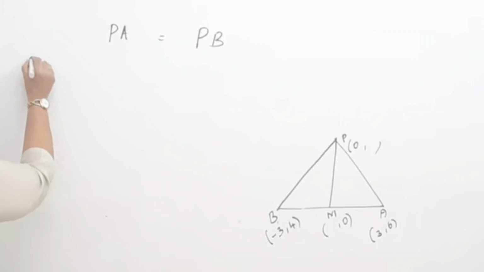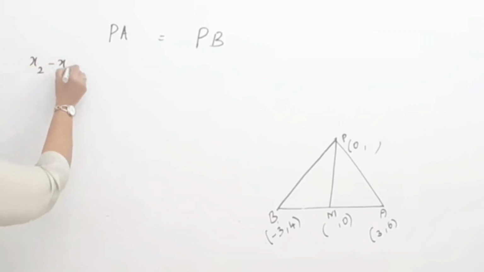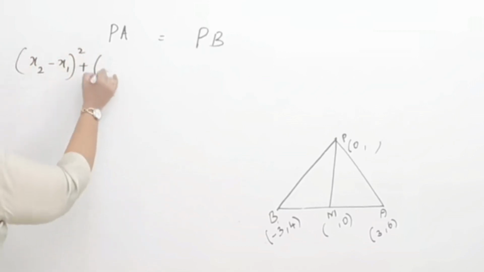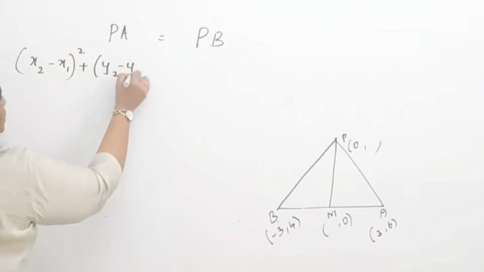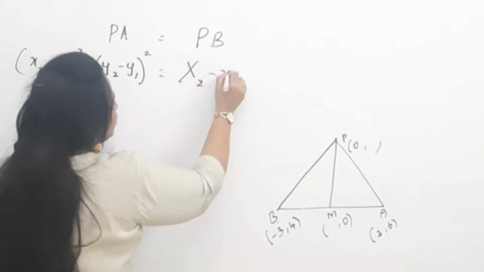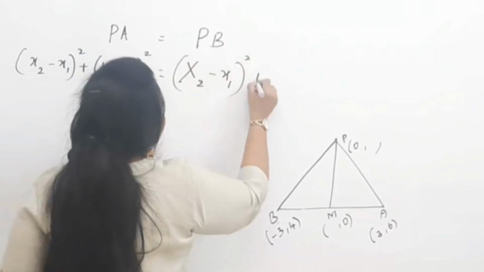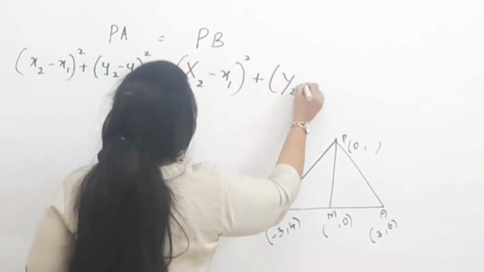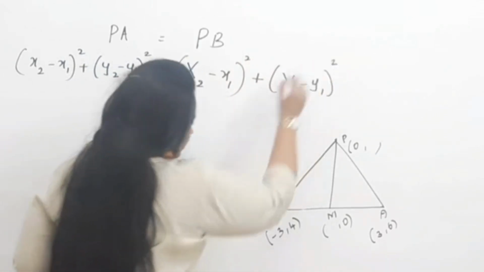So I would have x2 minus x1 the whole square plus y2 minus y1 the whole square, which is equal to X2 minus X1 the whole square plus Y2 minus Y1 the whole square.